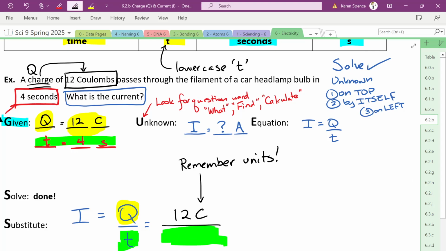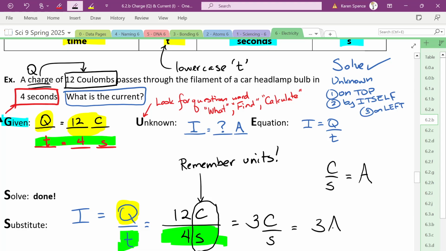So we're going to put 4 seconds in there. And then we can easily do the math. It is 12 divided by 4, which is 3. And then our unit is coulombs per second. But we also know that a coulomb per second is the same as an ampere. So we can say that is 3 amps.